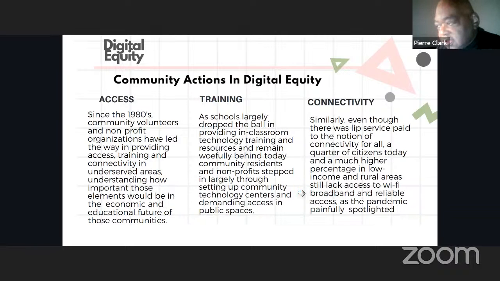The residents did not have access to training in the schools. The colleges didn't have coding classes. That kind of knowledge, that kind of access was considered to be something that the so-called geeks did, the so-called nerds did. And it's interesting that the so-called geeks and nerds run the world now.